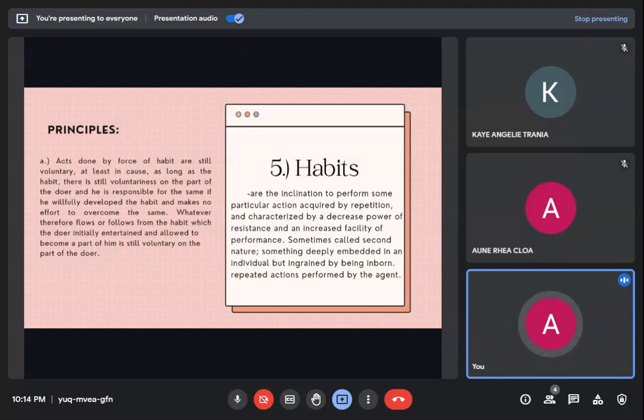The habit does not destroy voluntariness. Acts from habit are always voluntary, at least in cause, or as long as the habit is allowed to endure.